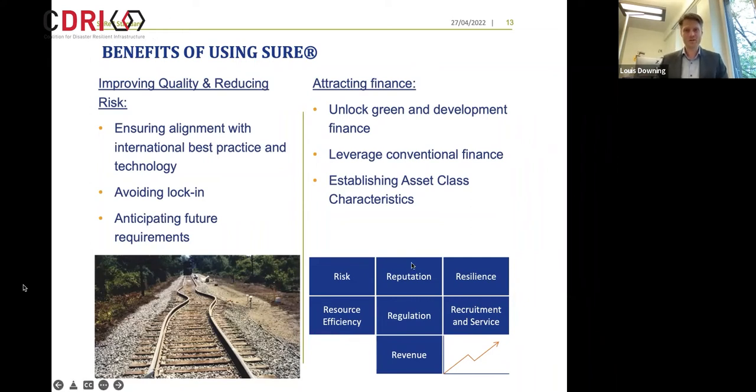And yeah, we talk about the 7 R's: lowering risk, improving reputation, fostering resilience, increasing resource efficiency, anticipating regulation, supporting recruitment, and increasing revenues, especially from growth markets.